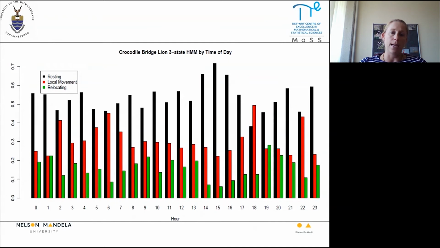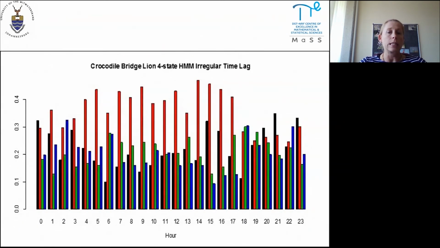But the main thing, if we go back and have a look at the irregular time plot, is that we are certainly picking up the resting during the day. The interpretation of those other states does need some work. The important thing here, and we'll touch on this again at the end with the conclusions, is that statistically we were able to fit the model.